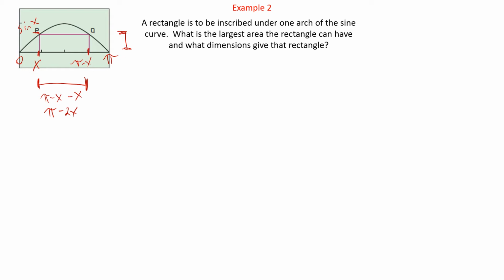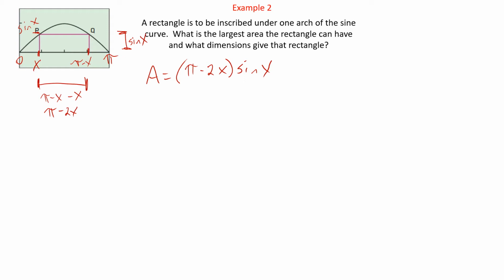And the height is the y value, which is sine of x. So we want the area, which is going to be pi minus 2x times sine of x. And we want the maximum area here.